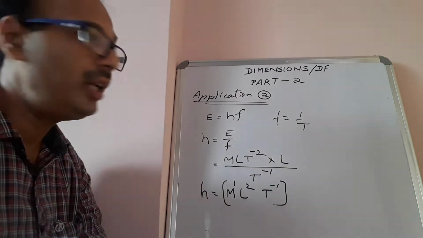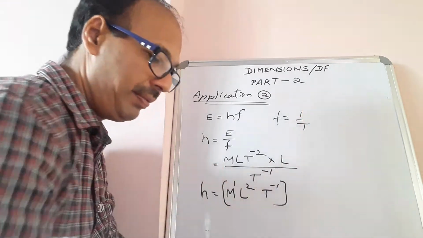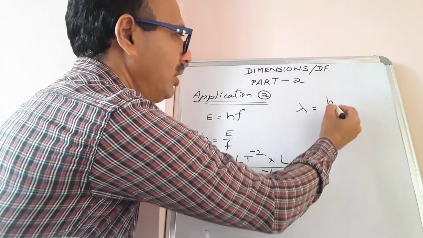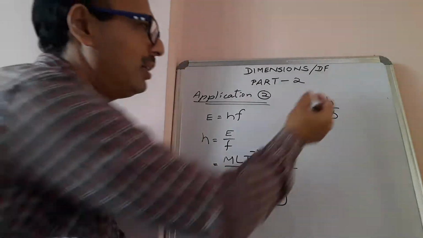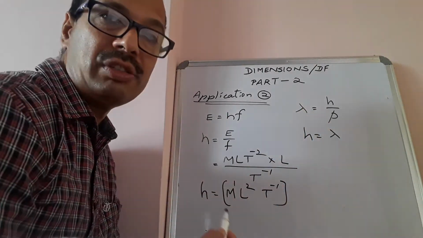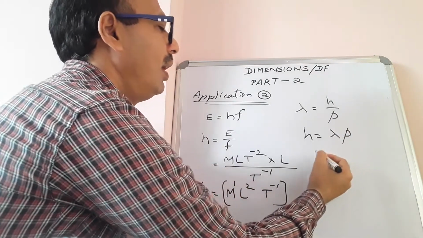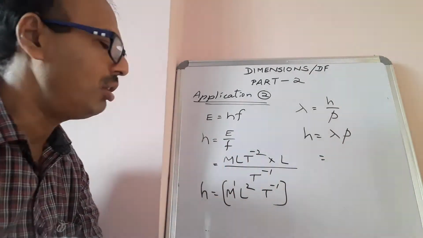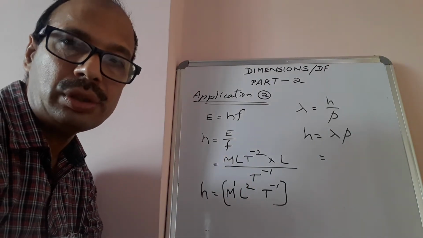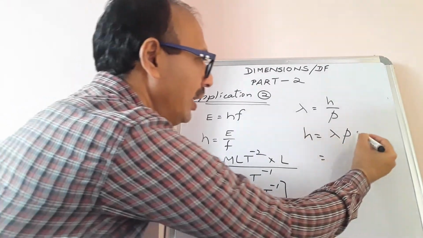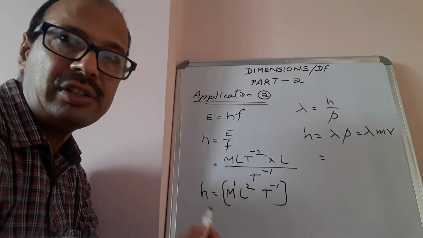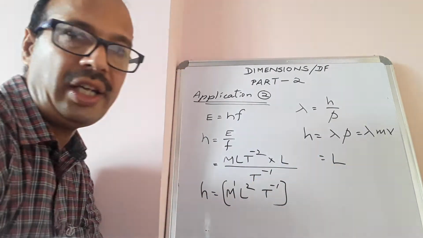This also can be derived by using another formula, that is lambda is equal to h by p, Planck's constant by momentum. So h is equal to lambda p, where lambda is wavelength. Now if you write down the dimension formula of lambda and momentum: momentum is mass into velocity, and lambda is wavelength, so that is length only.